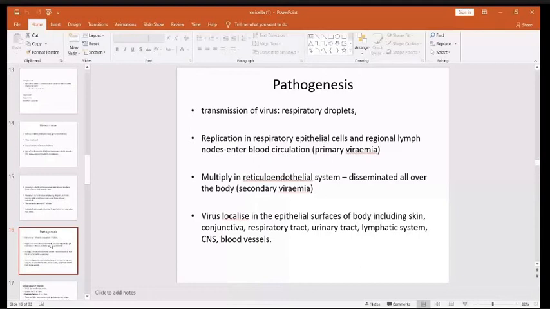Koplik spots are bluish or whitish spots surrounded by a reddish area in the buccal mucosa, generally just opposite to the lower molars. This is the pathognomonic finding in measles. So Koplik spots appear after about 2 days of the fever, and after about 2 days of the appearance of the Koplik spots, the rashes appear.